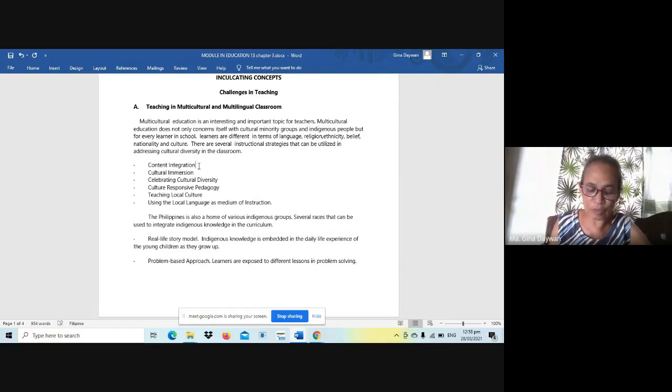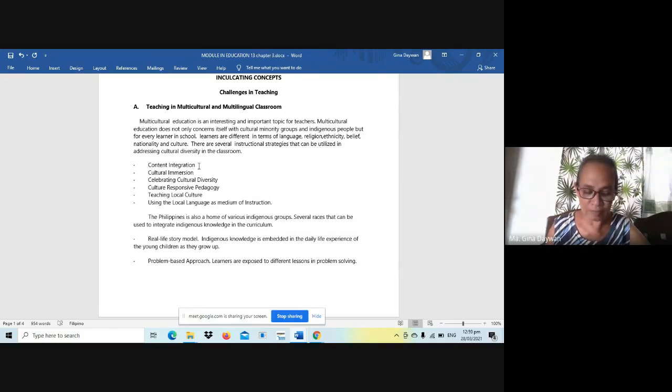That refers to the content of the different subjects being taught. When you say basic education, this refers to the elementary and the secondary.